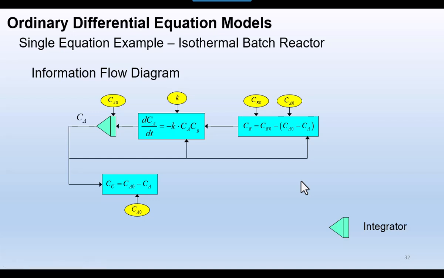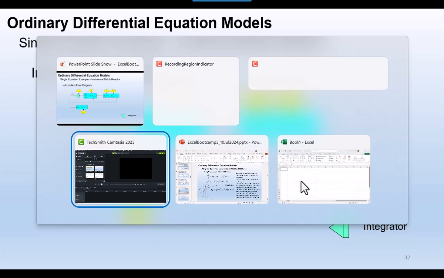So what we're going to do now is proceed to show how we set up the solution of this quite simple system on the spreadsheet, and then we'll move on to a more realistic, more complicated example that will follow the same pattern. So let's go over to our Excel spreadsheet here.